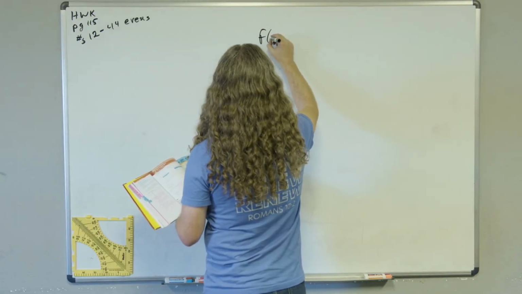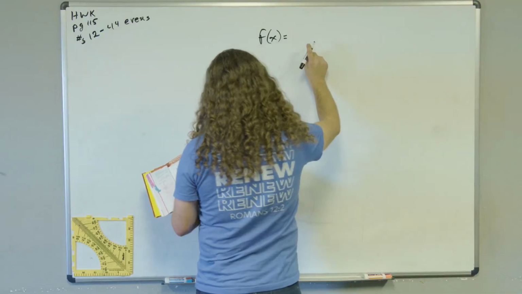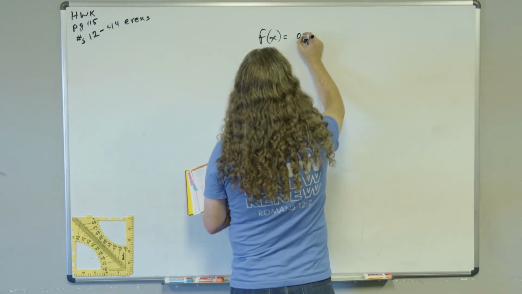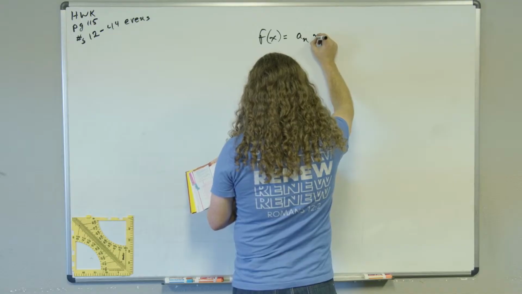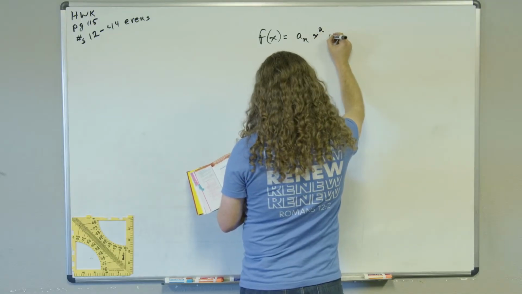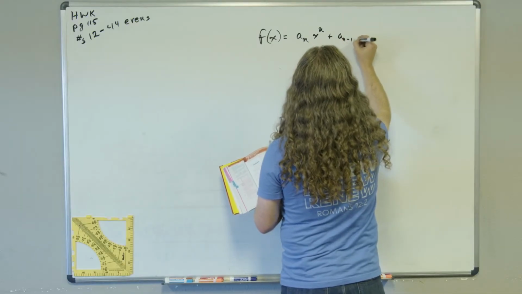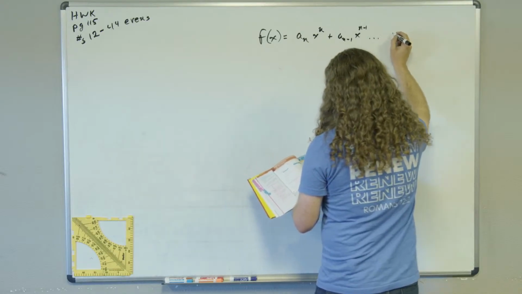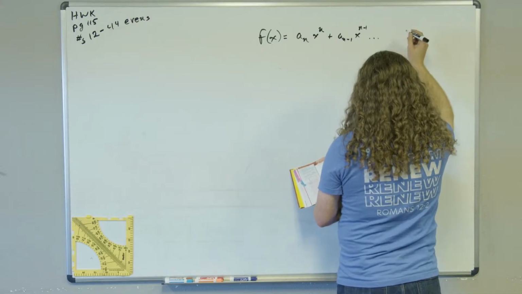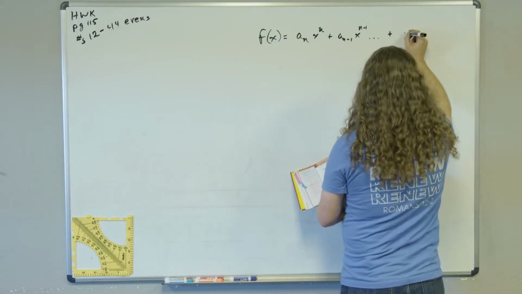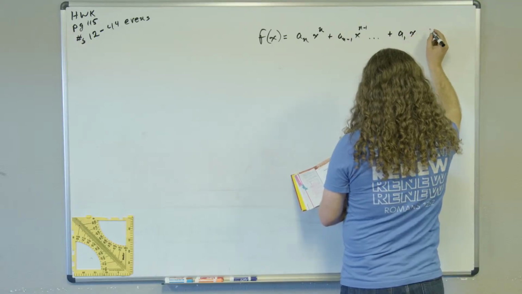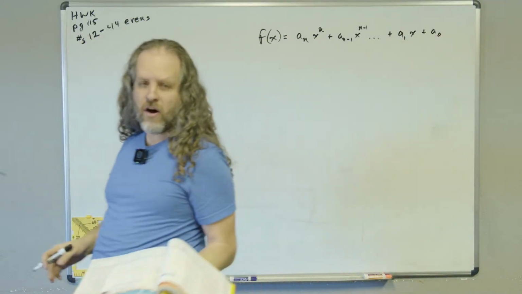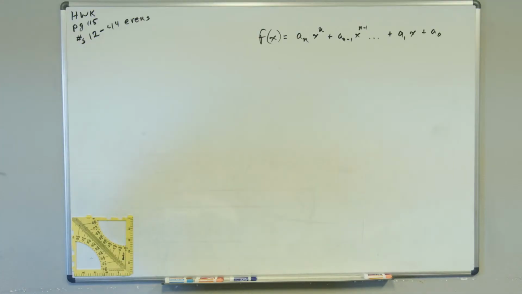So if you have a polynomial in the form f of x equals a sub n x to the n plus a sub n minus 1, x to the n minus 1, etc., down to plus a sub 1 x plus a sub 0, we can get a list of all possible rational zeros.